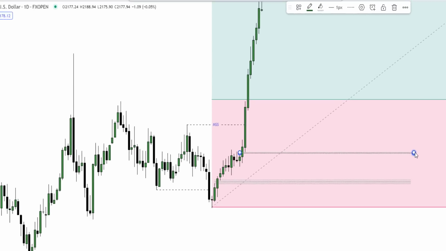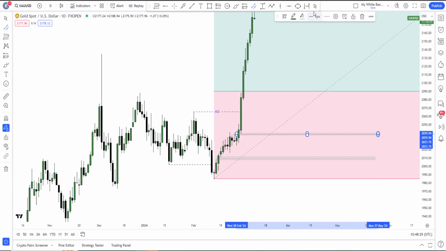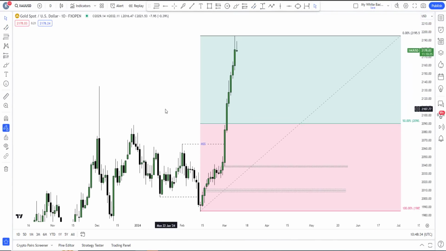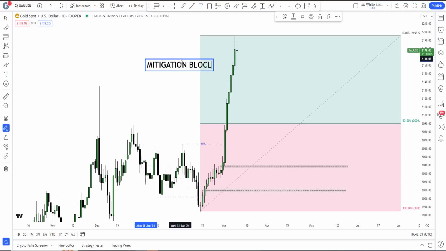But aside from that, there is something called a PD array, and it is basically the sequential arrangement of all the 7 institutional reference points in their order of importance. So in the order of importance, you have the mitigation block. Then you have a breaker block.